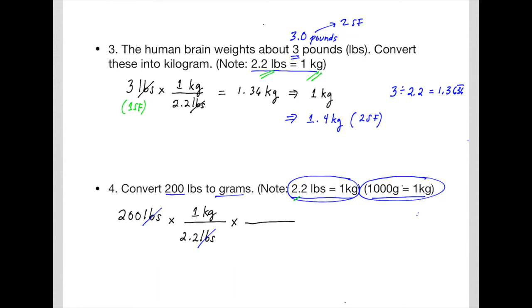Now, which item will I put at the bottom? Is it 1,000 grams or 1 kilogram? Since my goal is to cancel that kilogram, I will put here 1 kilogram, and then I will put here 1,000 grams. So, here, my units will be cancelled.